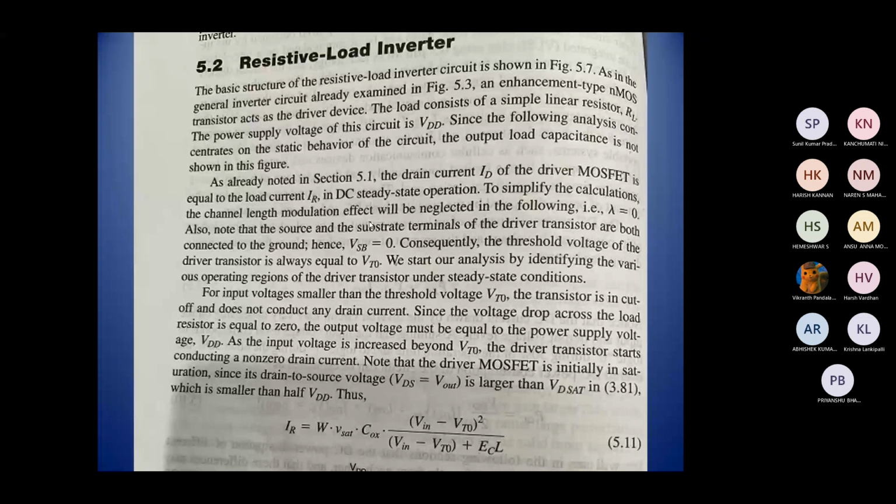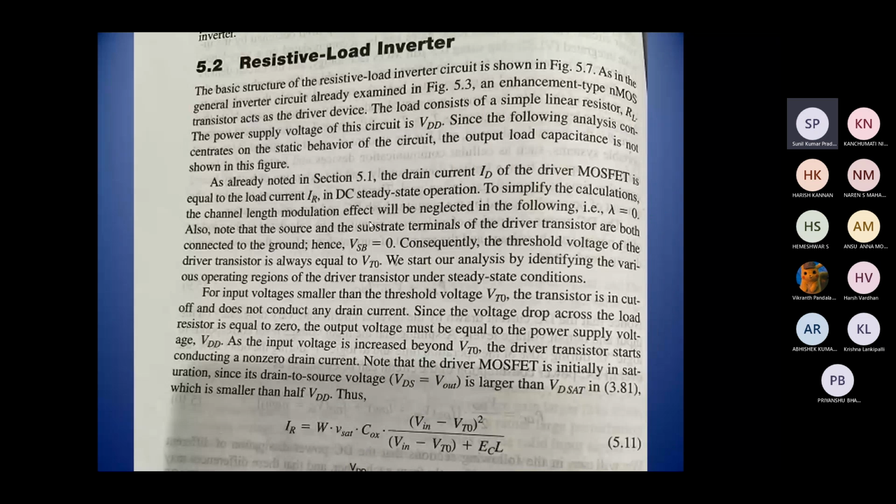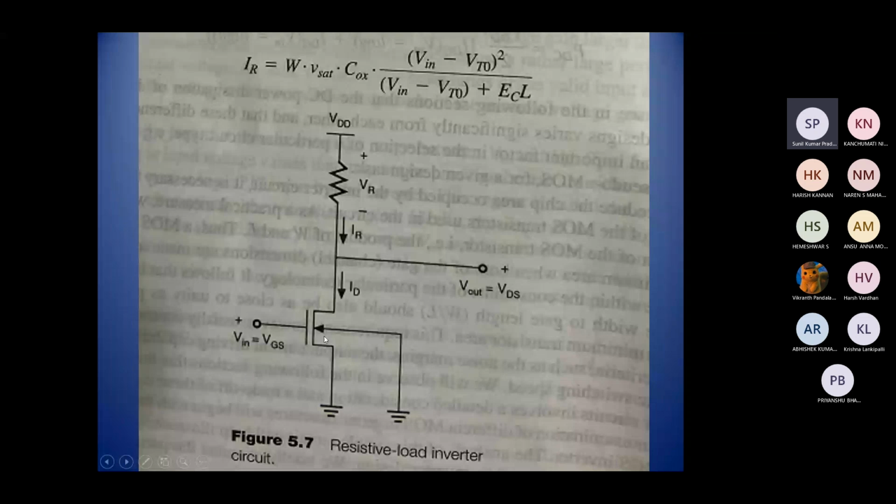Now, you can see here that the source and the substrate terminal are connected to ground. This is the source, and the substrate is all connected to the ground here when we consider the resistive load inverter circuit.